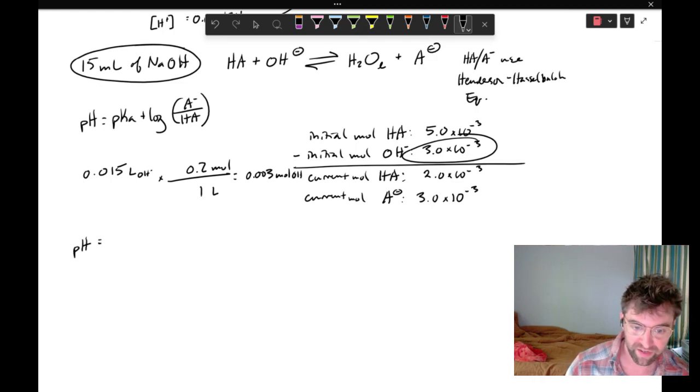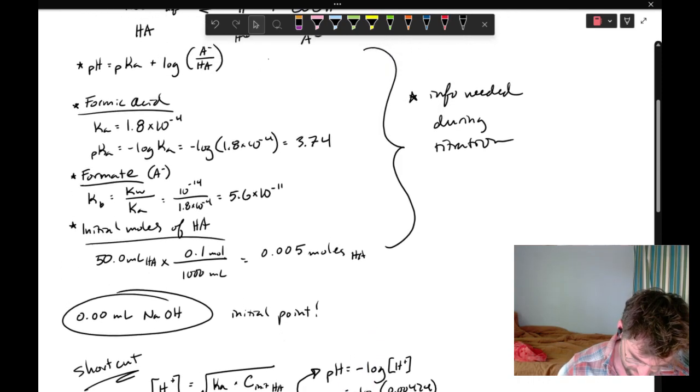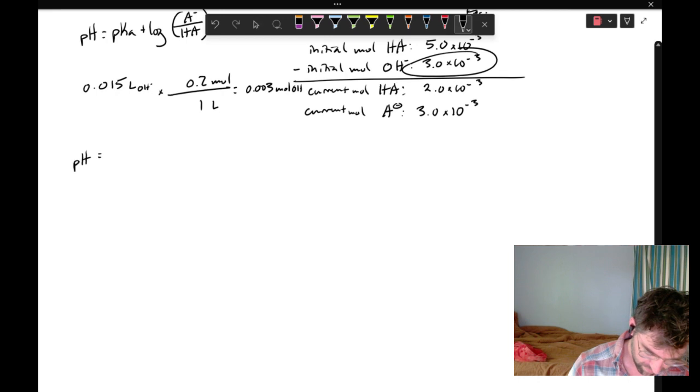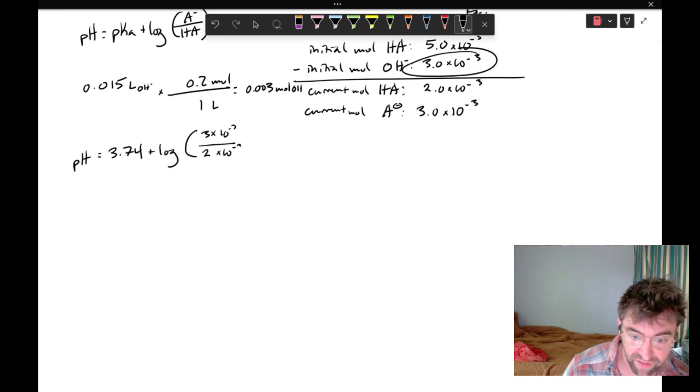Our pKa value, we solved above, right? Yes, it's 3.74. Plus the log of conjugate base was 3 times 10 to the negative 3 over the acid that's left over, and that's 2 times 10 to the negative 3.